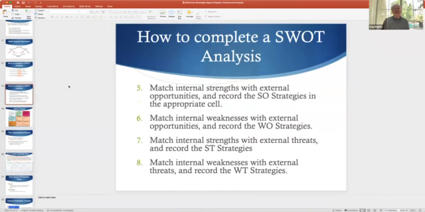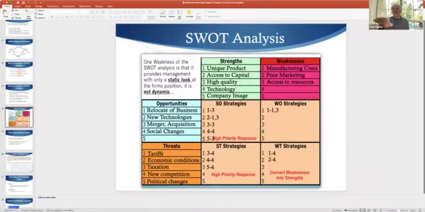We're going to match our strengths and those opportunities that we've identified. Second area, we're going to match those weaknesses with those opportunities. Third thing, we're going to match the strengths with the threats, and then weaknesses with the threats. And we're going to record it in a matrix, a 2x2 matrix. Looks like this. It's actually a 3x3, but the recording is done in a 2x2.